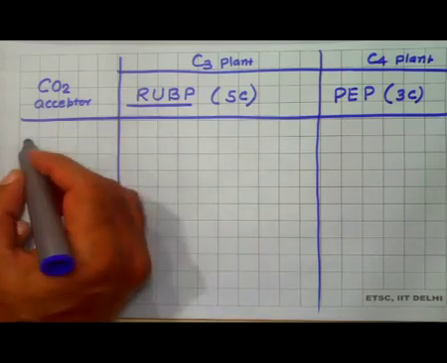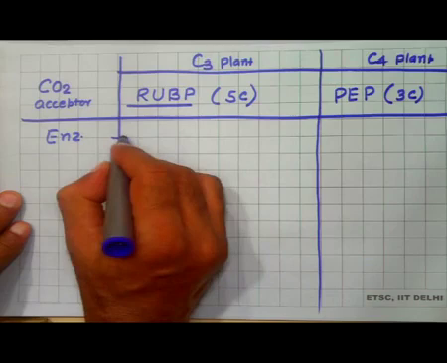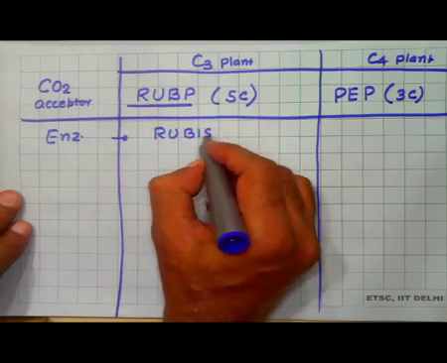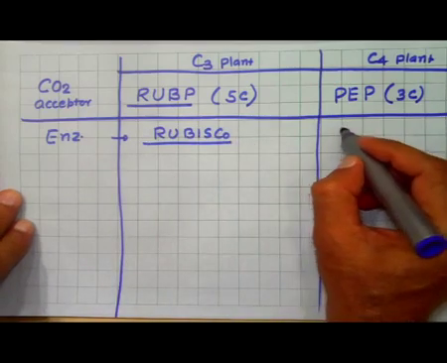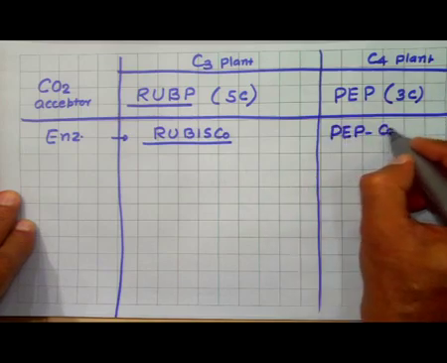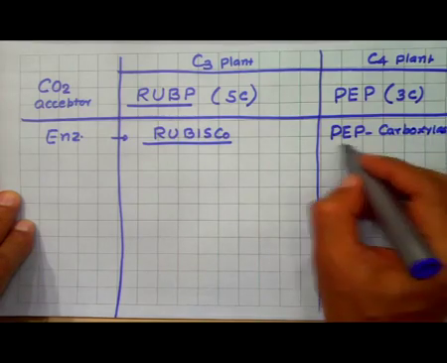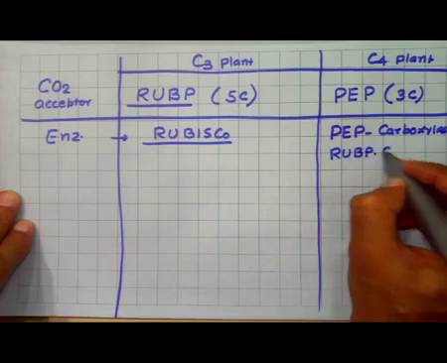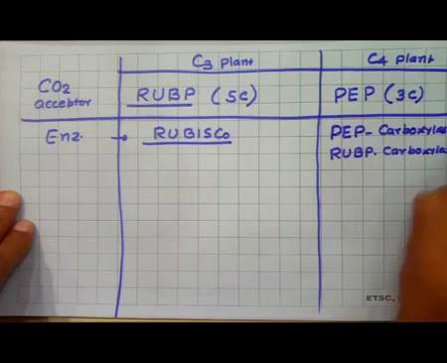So, in terms of enzyme we can say that here Rubisco is there, and here two enzymes are involved, PEP carboxylase and RuBP carboxylase. Why are two enzymes involved?